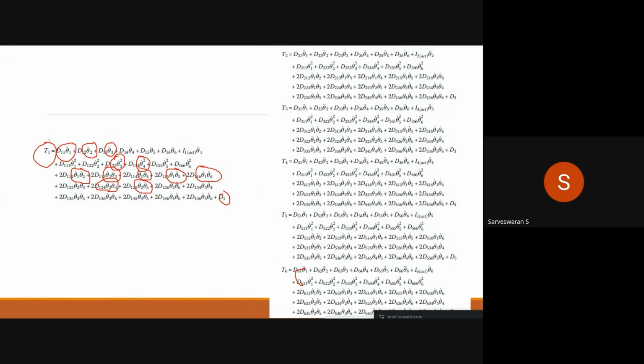Based on all these the torque will be calculated, and your selection of actuator should be based on the opposing torques. So that is the key thing.